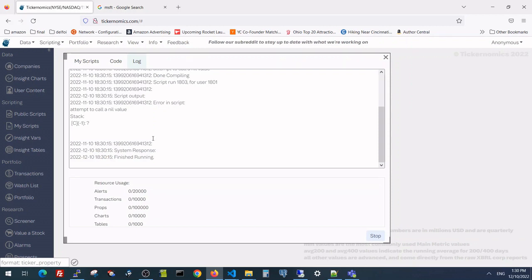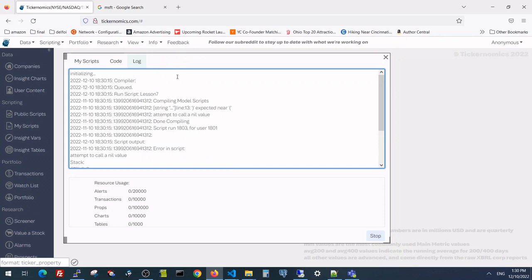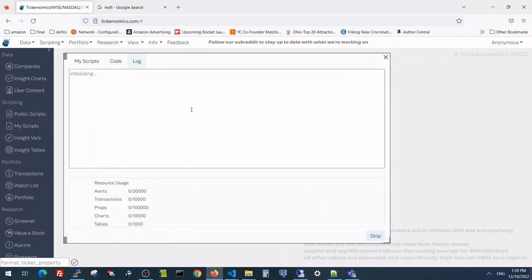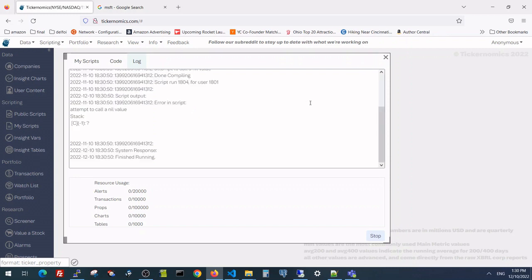Oh, there is an error. Line 13. Of course, I used too many of this, right? I think this was okay. So that's this one, and then that one, more than 30. I think that should be good. No, still not good.